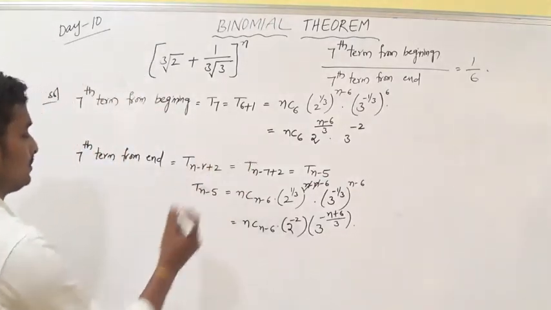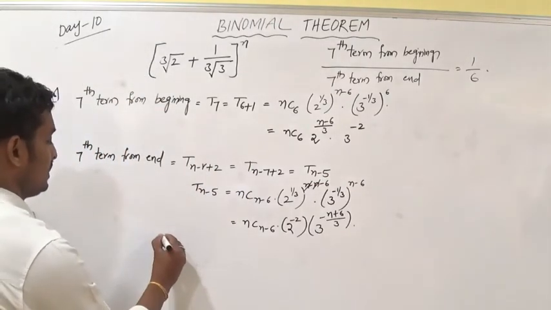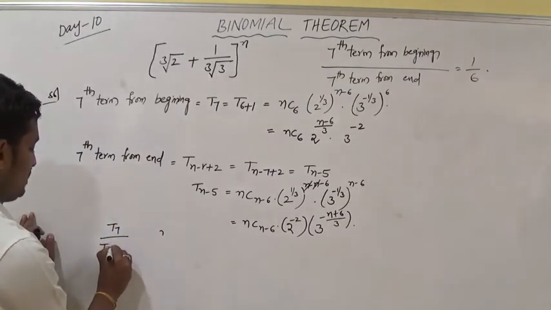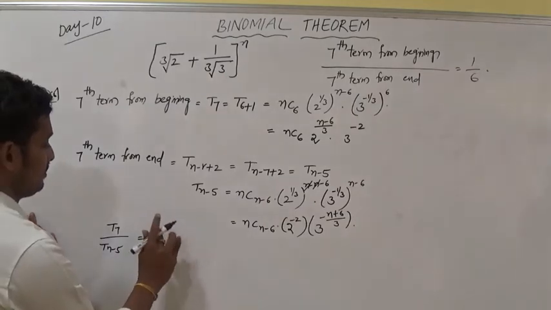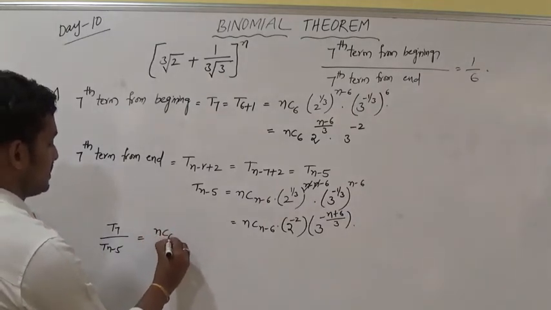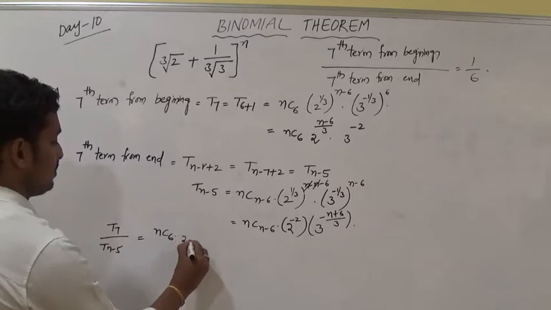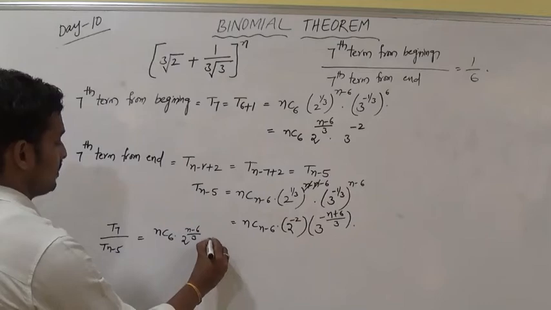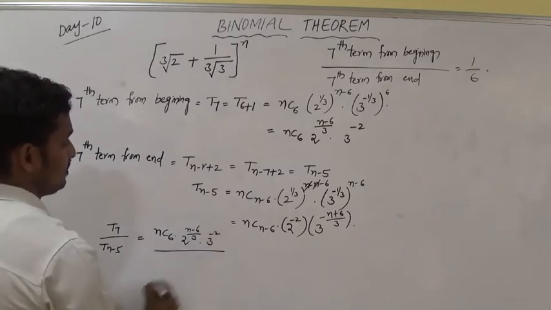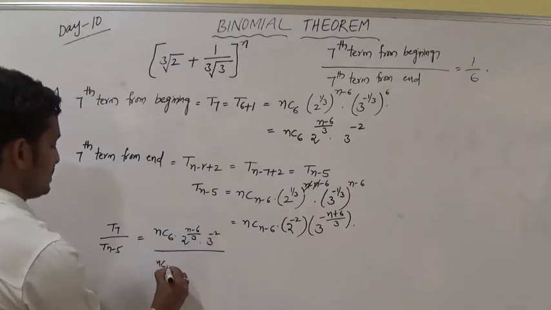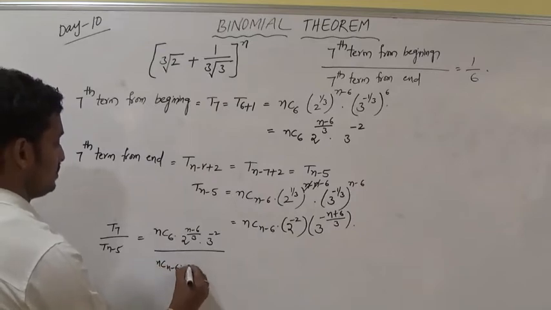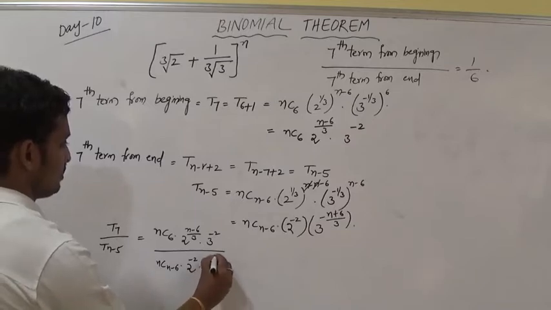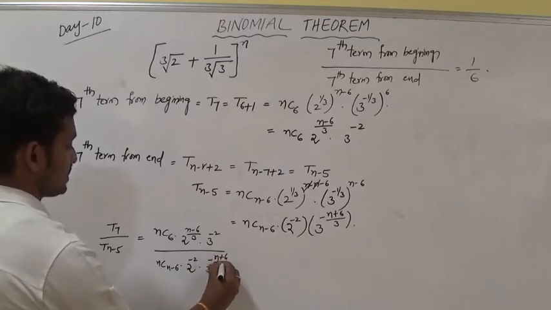Now I am dividing both: t7 by t n minus 5 is equal to nc6 into 2 to the power of n minus 6 by 3, into 3 power minus 2, by nc n minus 6, into 2 power minus 2, into 3 power minus n plus 6 by 3.